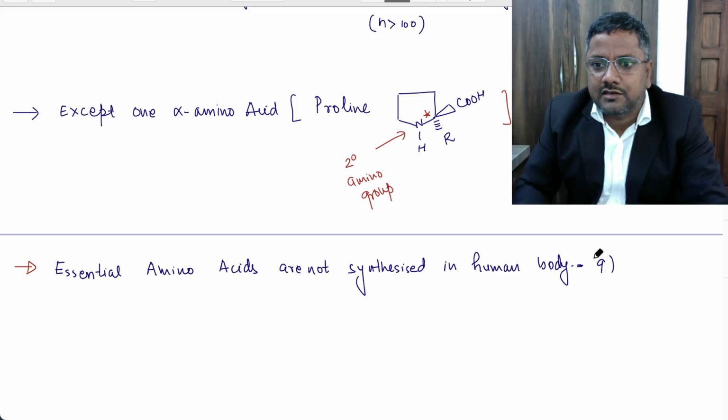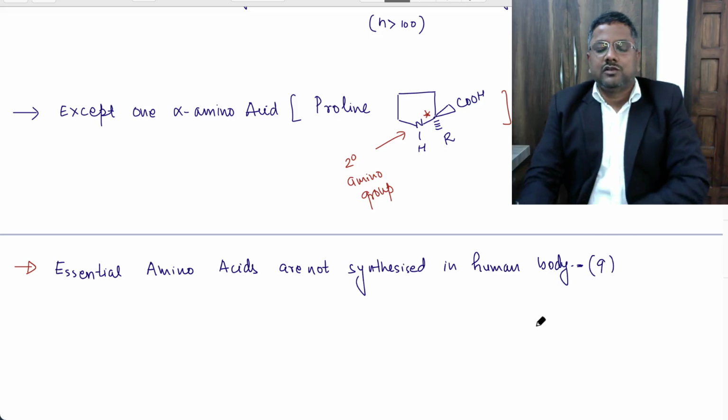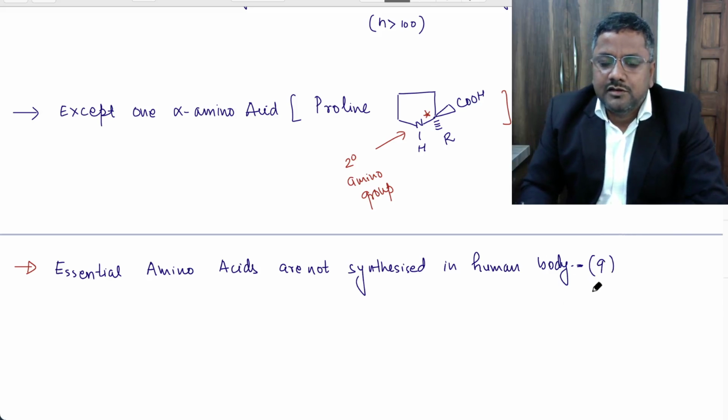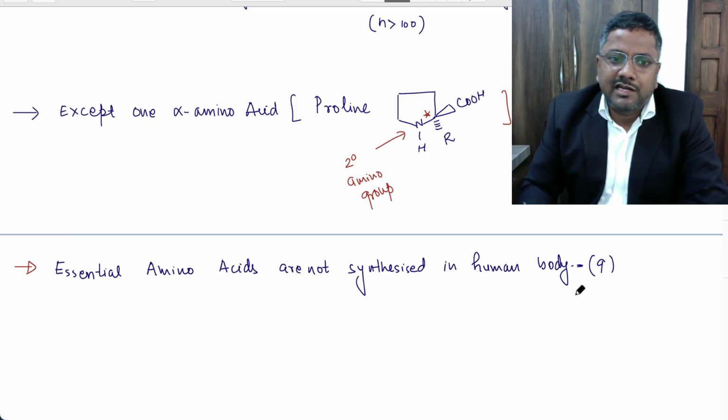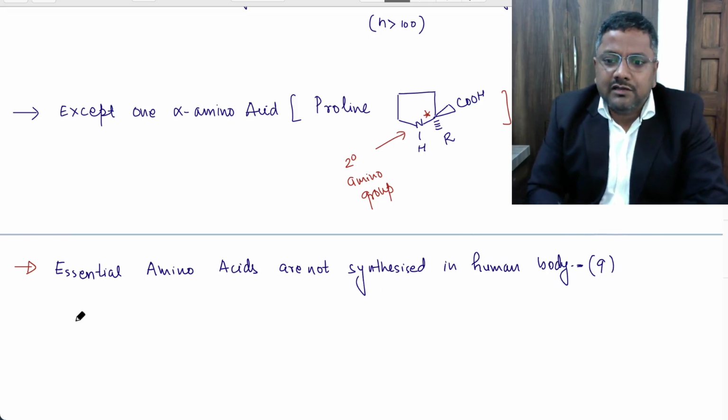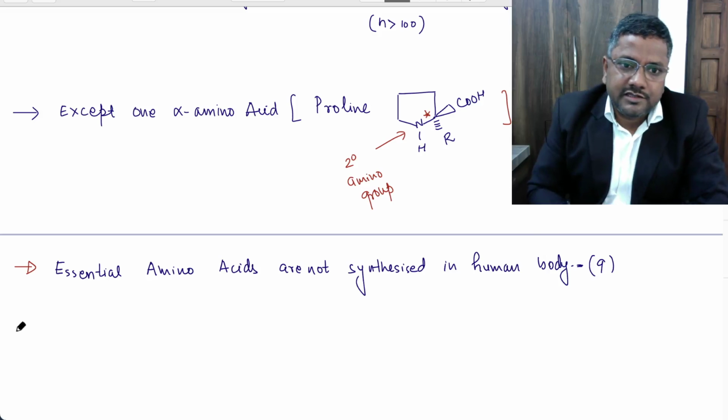Human beings are dependent on an external source for those 9 alpha amino acids, and the rest 11 are said to be non-essential.